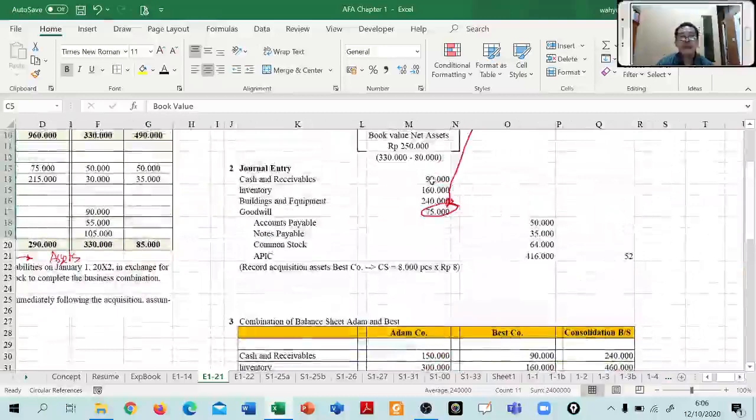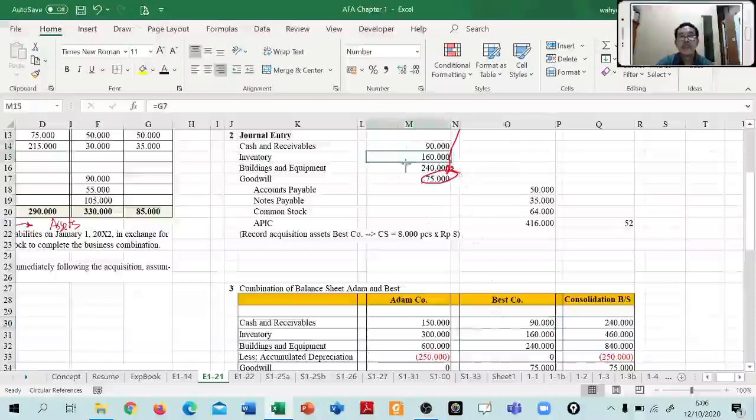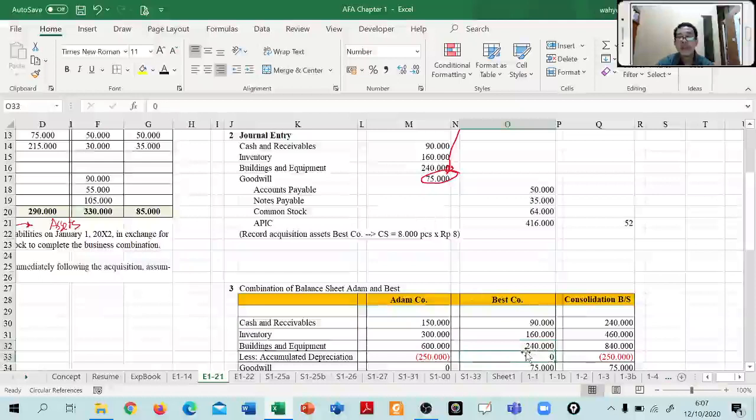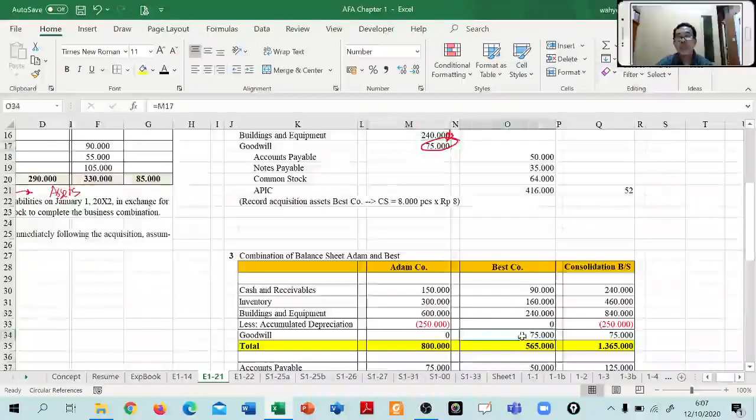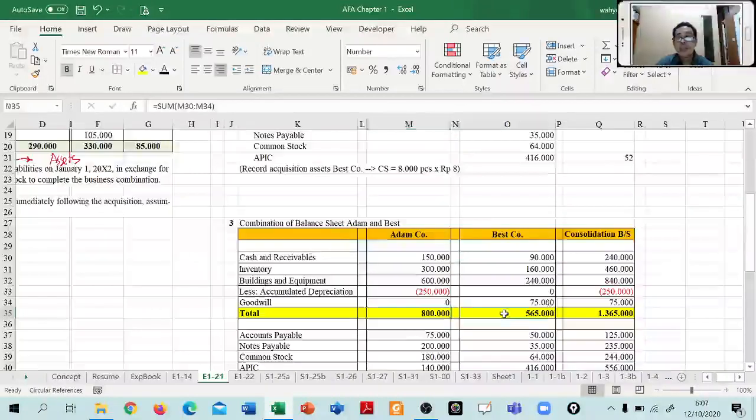Okay, receivable 90,000, inventory 160,000, building and equipment 240,000, accumulated depreciation zero, and goodwill 75,000. Adam's total is 800,000, and Best is 565,000.